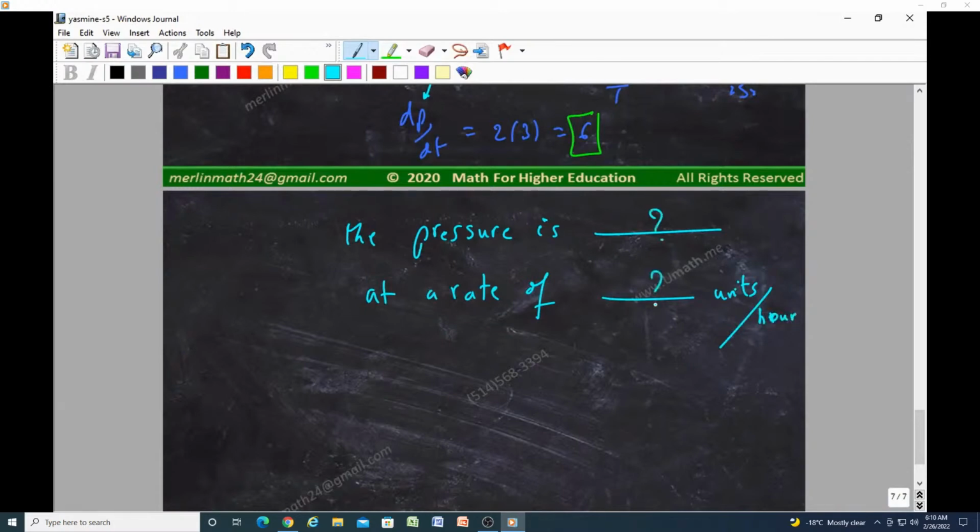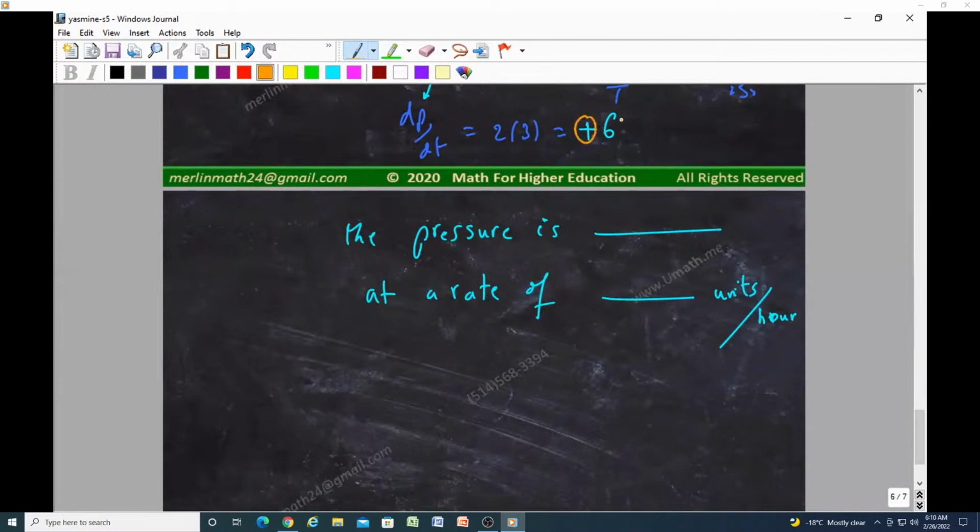Now, can you fill in what goes in these blanks? The pressure is what? Is 6? No, you forgot, by the way. You should make revision, okay? Your exam is in 2 weeks, so be careful. This has to do with the plus. How do we put the plus?